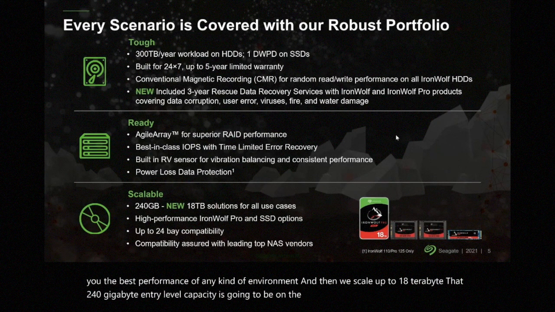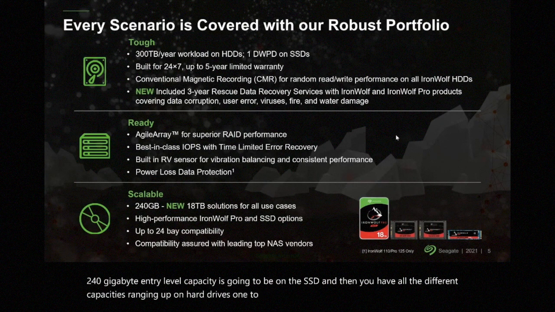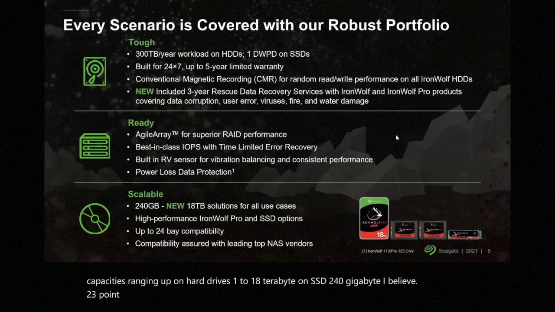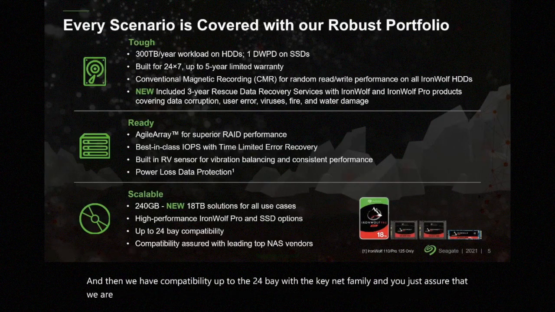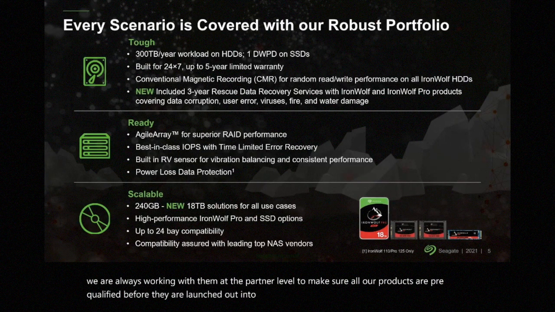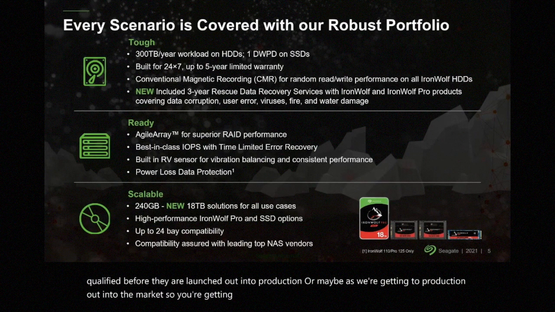And then you have all the different capacities ranging up on hard drives, 1 to 18 terabyte, on SSD, 240 gigabyte, I believe up to 3.8, going maybe a little bit larger. And then we have compatibility up to the 24 bay with the QNAP family. Just to assure you, we are always working with them at a partner level to make sure all our products are pre-qualified before they are launched into production, or maybe as we're getting to production out into the market. So you're getting a tried and true partnership with QNAP and Seagate.